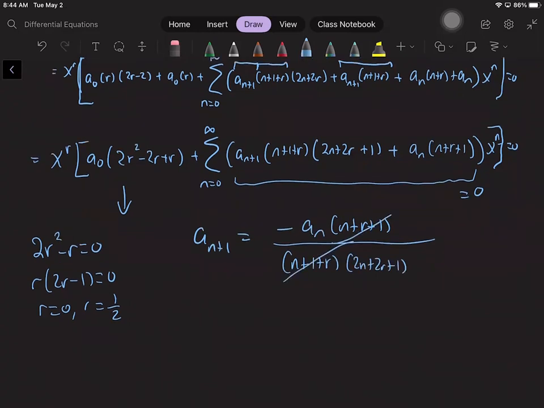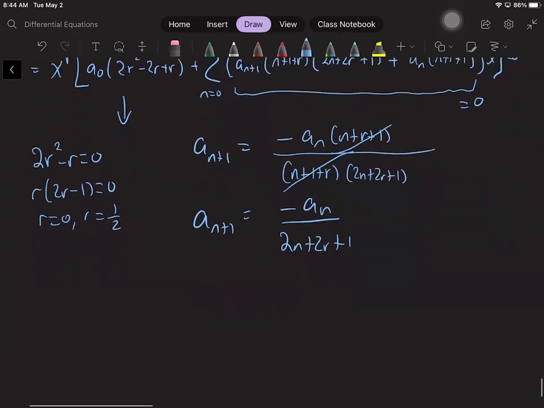And now we get a_{n+1} equals negative a_n over (2n + 2r + 1). Okay, so that's our relationship. And now we just have to plug in the two values of r and get the two series solutions.